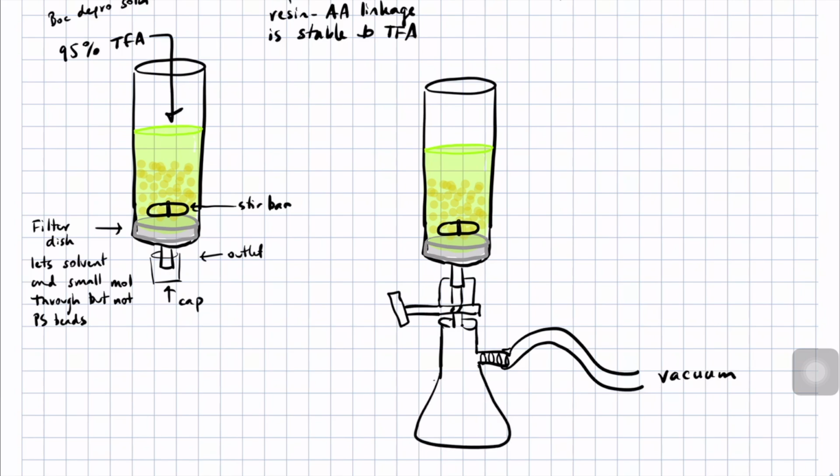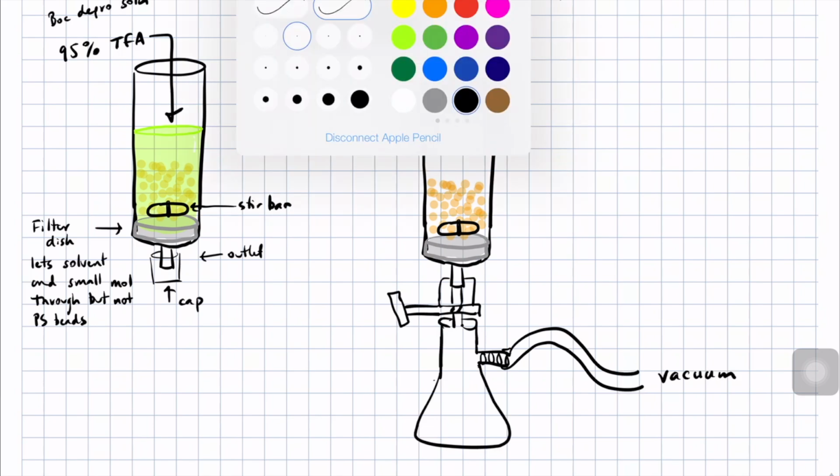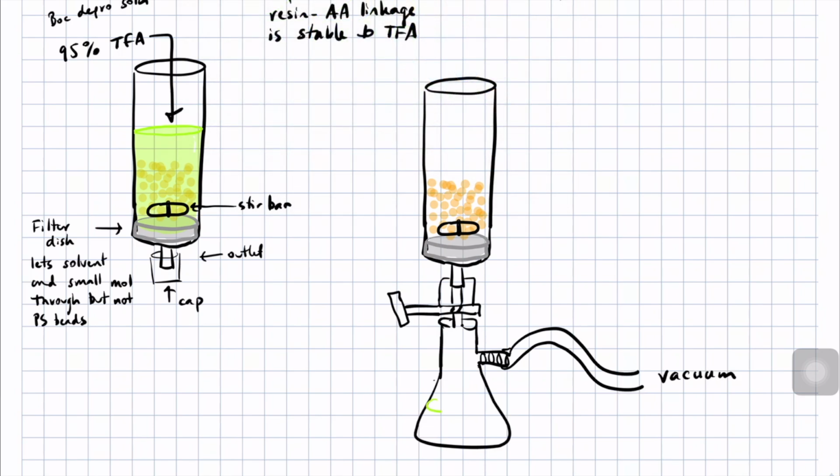And this is an oversimplification, but you open the stopcock and then your TFA solution drains out and leaves behind the resin beads.